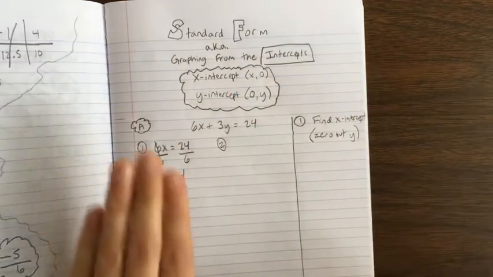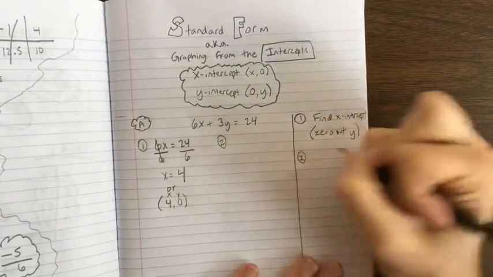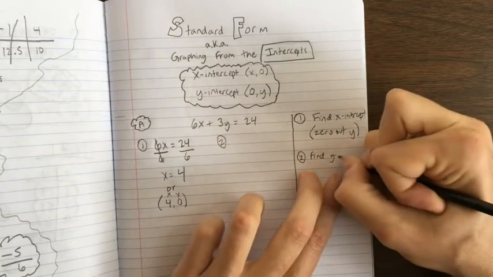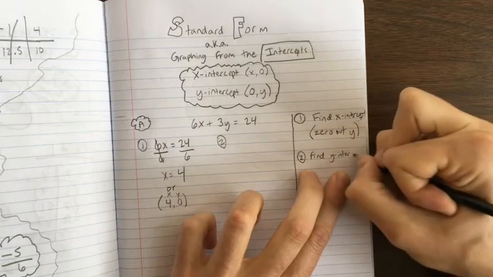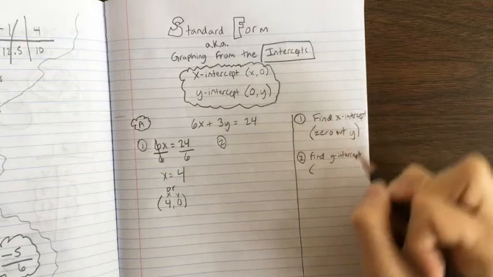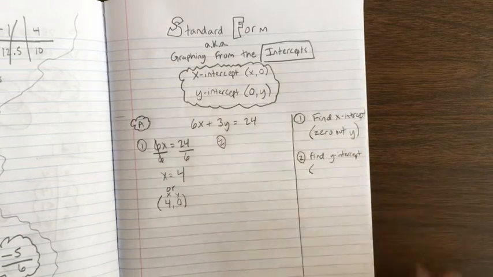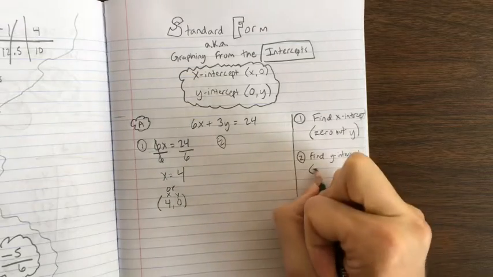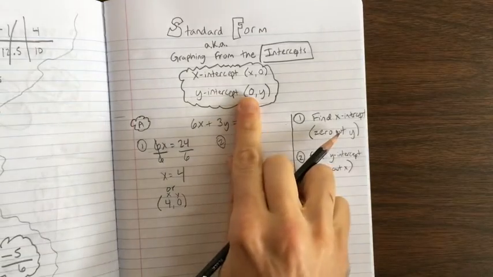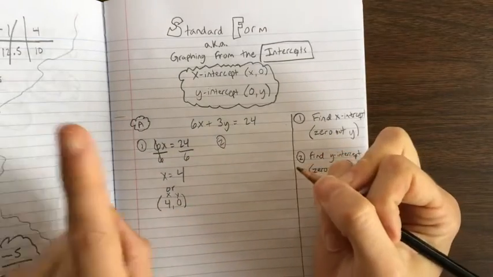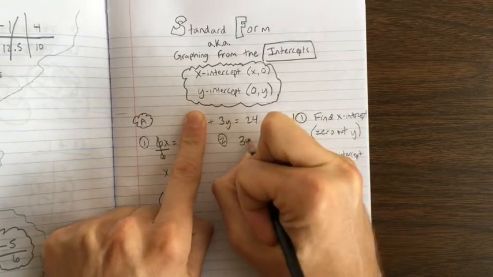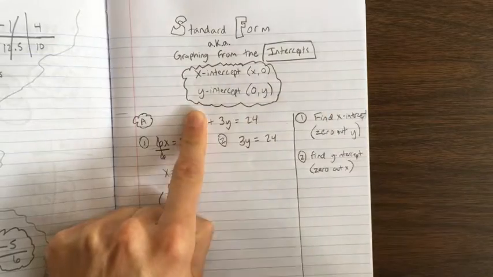Step 2, if we found the x-intercept, step 2 should be find the y-intercept. So if finding the x-intercept means you zero out the y, what do you think finding the y-intercept means? Yep, zero out the x, right? So x is 0. Take my finger, cover up the x, I'm going to write positive 3y equals 24.